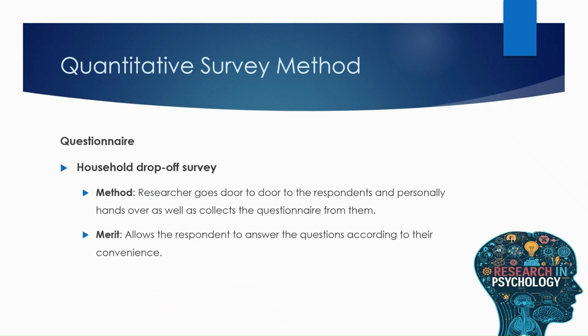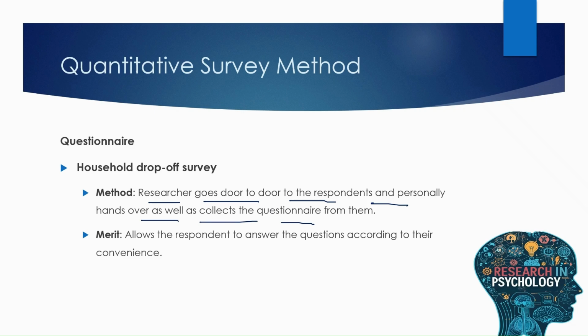Then the third, we have household drop-off survey. So in this method, the researcher goes door to door to the respondents and personally hands over as well as collects the questionnaire from them. Alright, so you might have seen people coming into your house and asking, do you have 2 minutes? I'm just taking a survey, this kind of thing, right? So most of the time what happens is that, oh sorry, not now, or abhi ghar pe koi nahi hai.